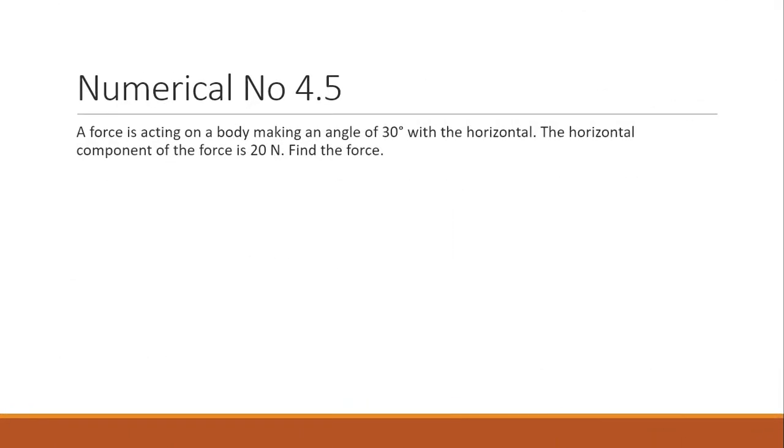Numerical 4.5. A force is acting on a body making an angle of 30 degrees with the horizontal. Consider this box as a body. The force F is acting on it making an angle of 30 degrees with the horizontal.